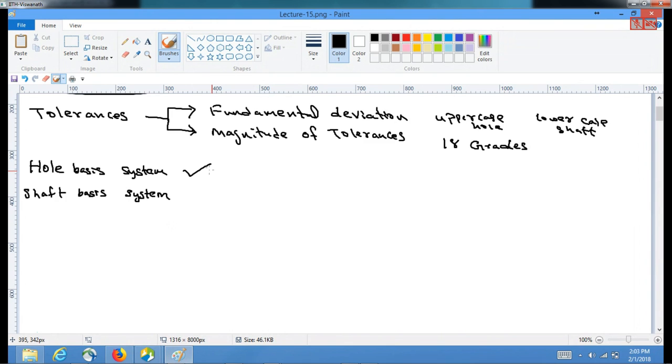Next, we also talked about different kinds of fits based on the tolerances. We said that there are three types of fits.